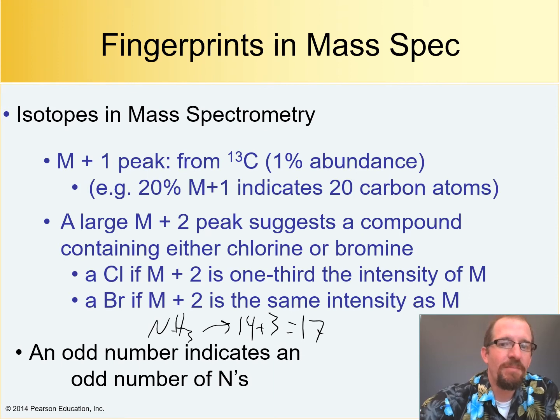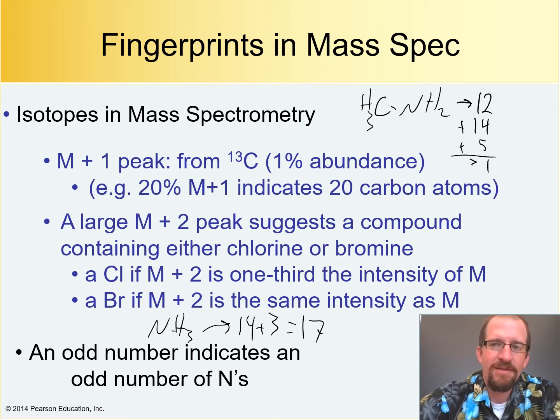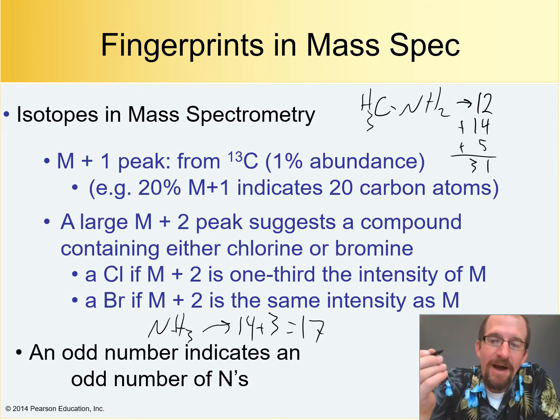Likewise, if we take methylamine, the carbon weighs 12, nitrogen weighs 14, and we've got 5 hydrogens. Let's see, we're looking at 6, 1, 31. Once again, an odd number.